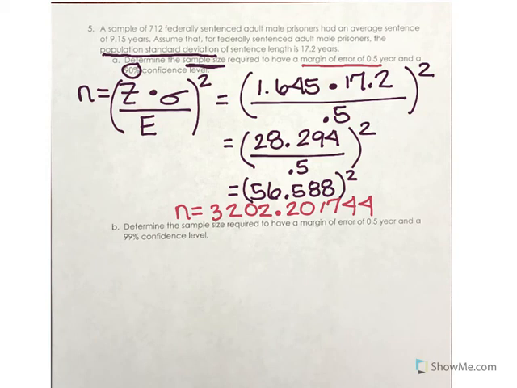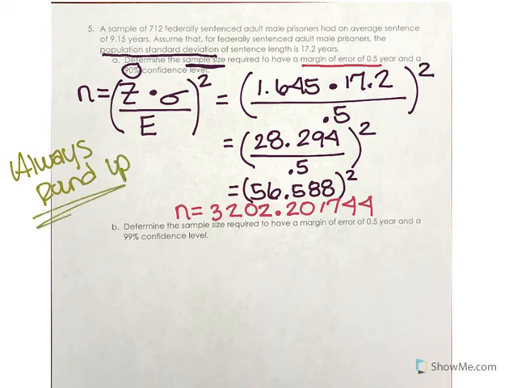Now, this is the golden rule for sample size. If this is a decimal, you can kind of think of it like people. You wouldn't have a decimal of people. So sample size, you will always round up, and I'm talking about the whole number. Let me write that. Okay, so I'm talking about this number here. That's your whole number.